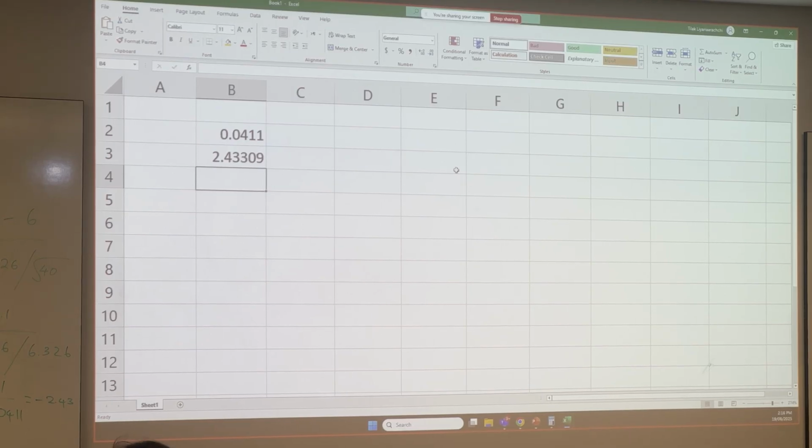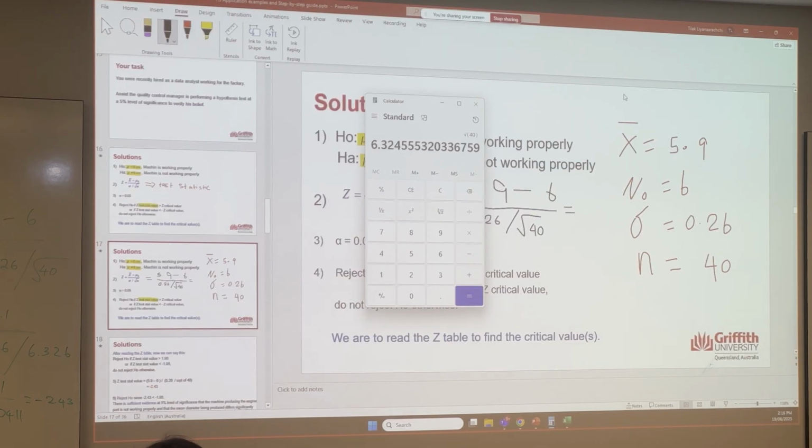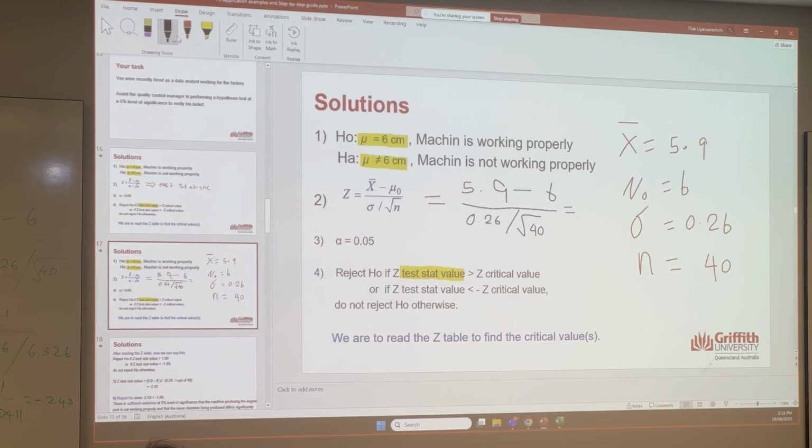Okay, so that's the answer. Minus 2.43 is the test statistic. So that is step 2 done.